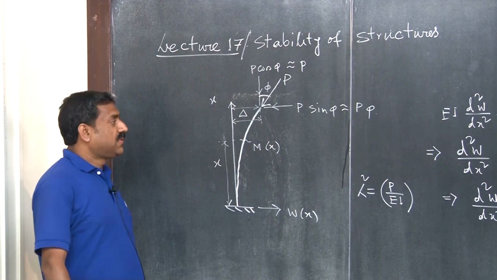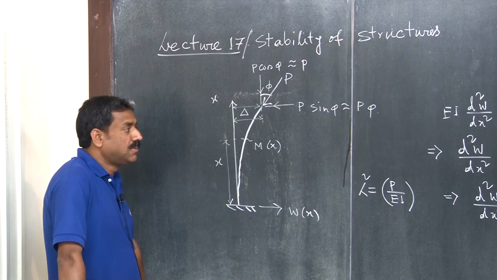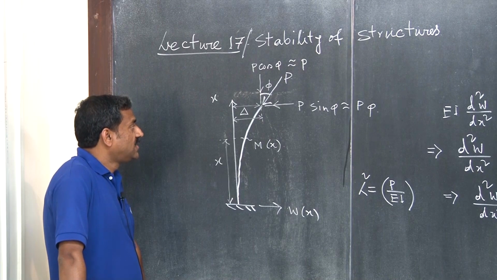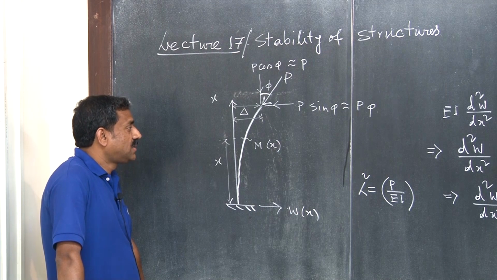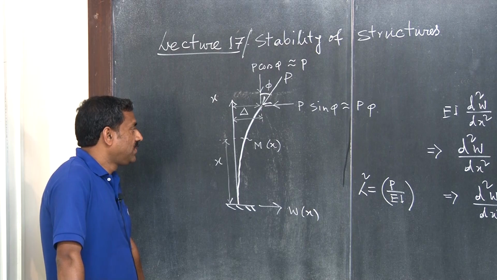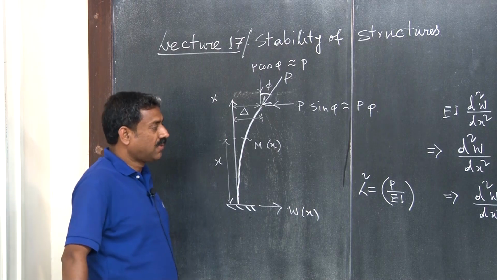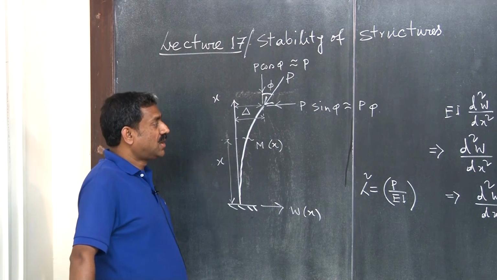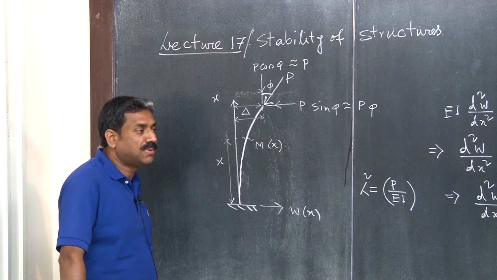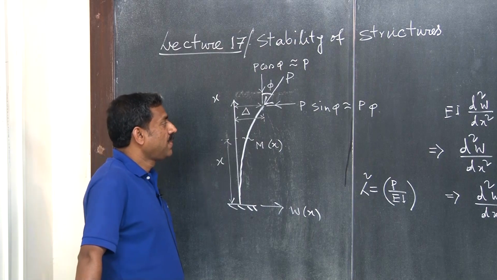So, what we were discussing in the previous class was stability of structures, and then we introduced the concept of dynamic stability. The reason to study dynamic stability is that, of course, the obvious and first reason is that we have to study the stability of the system under dynamic excitation, right.